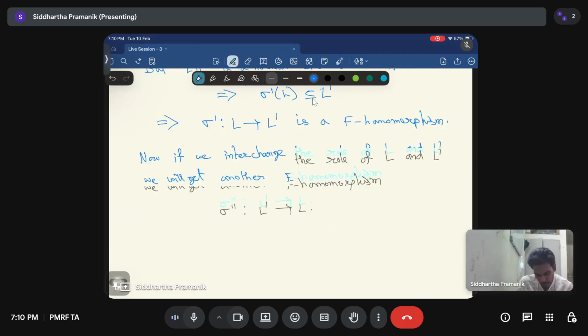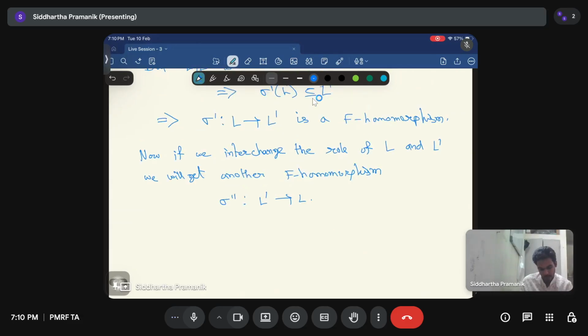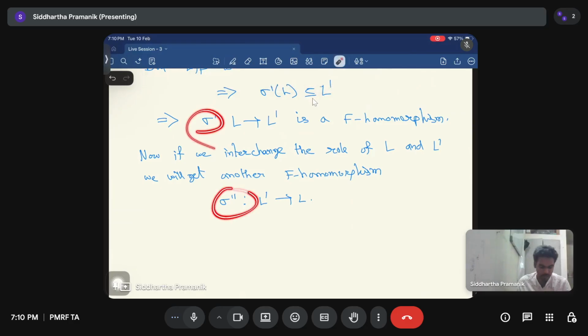So these are F homomorphisms. Now I want to prove that this sigma prime and sigma double prime both are isomorphisms.